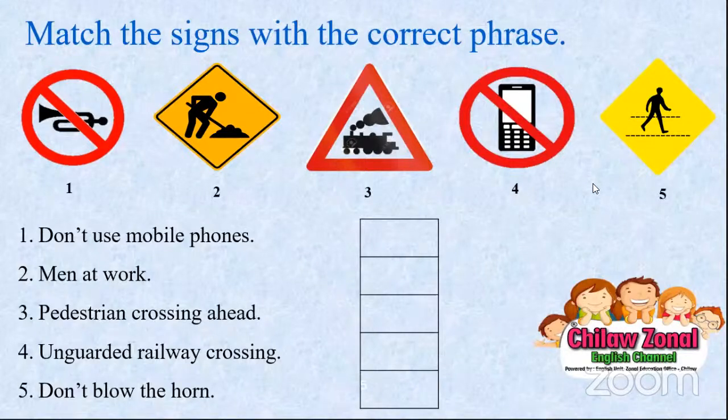So you can use these picture clues to identify what these sentences are telling. There are 5 sentences. They tell us what these signs indicate.